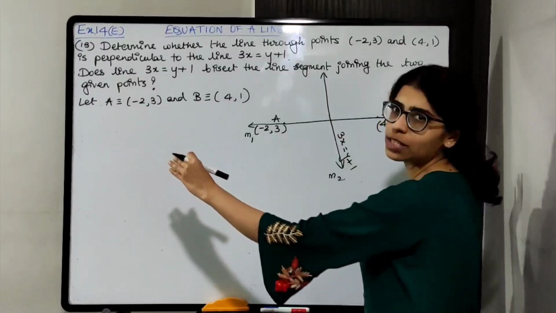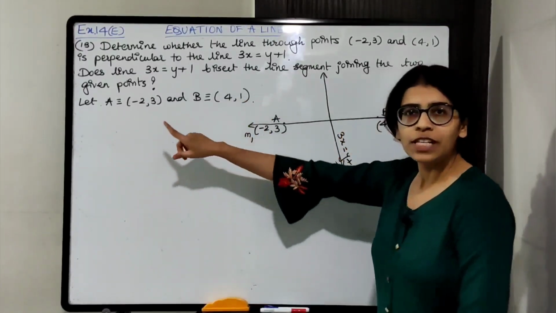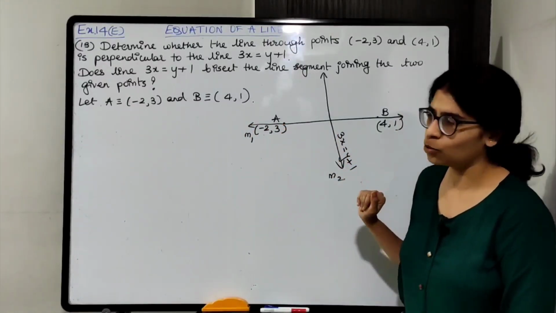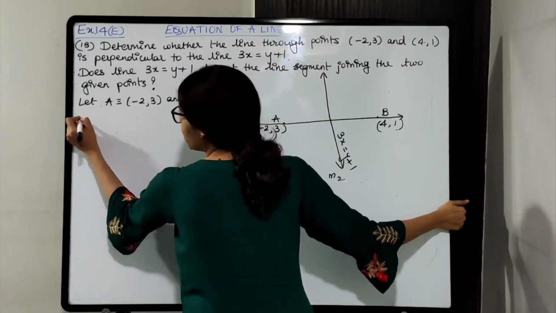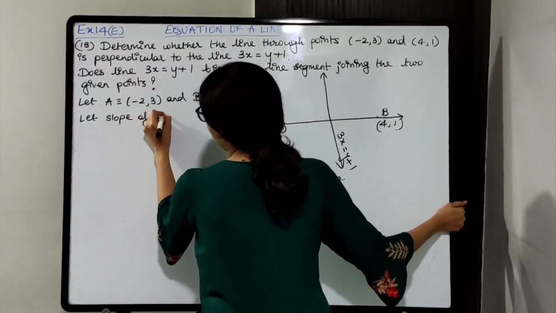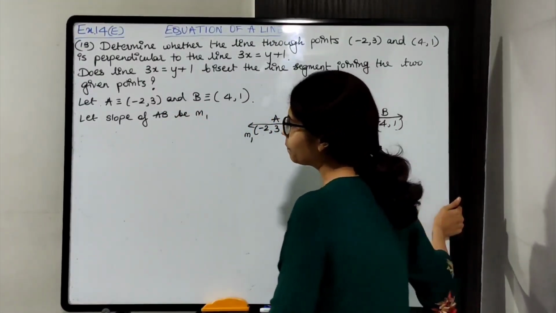We are naming the points, so write this statement. Okay. First we'll find slope of AB, then we'll find the slope of the other line. Okay. Also write down let slope of AB be m1. Okay.